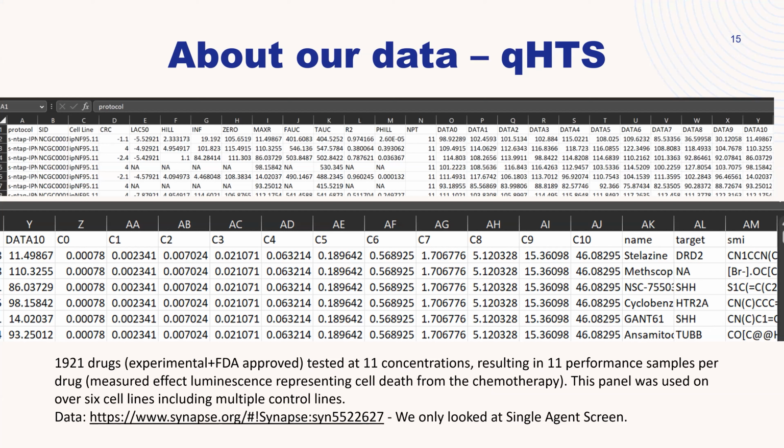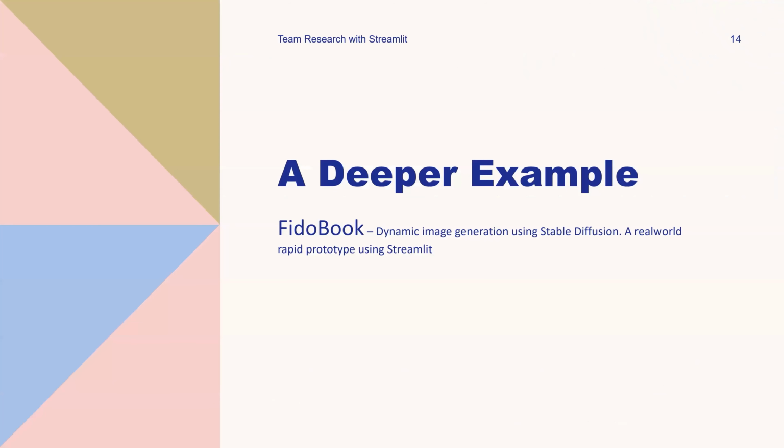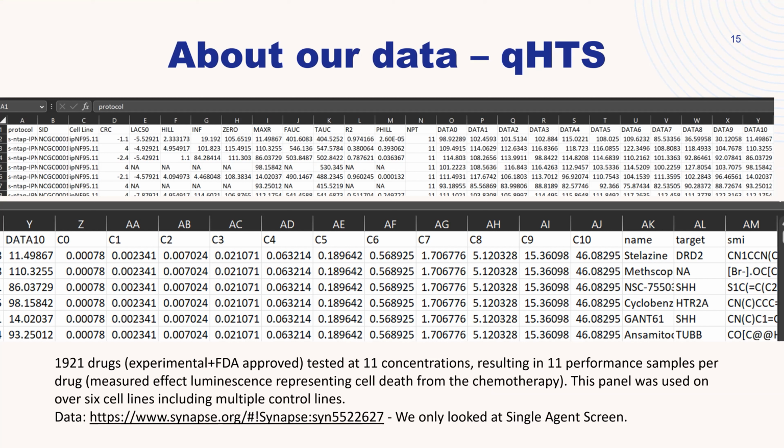So our data was high throughput screening data. What I want to call out is just the nature of it. Basically, there's one row per drug, and you have 11 of these data points. The data points here represent the amount of cell death, and it's measured with luminescence.